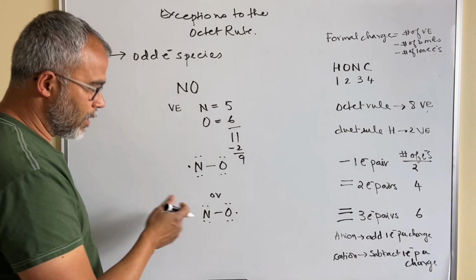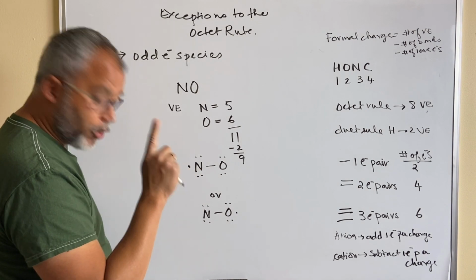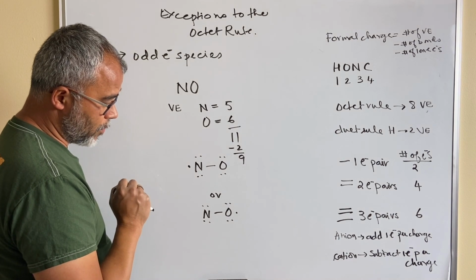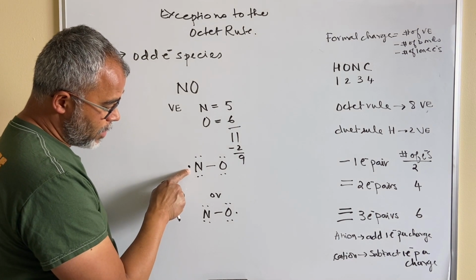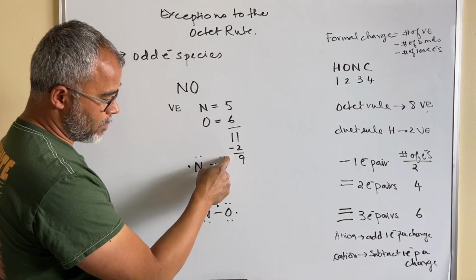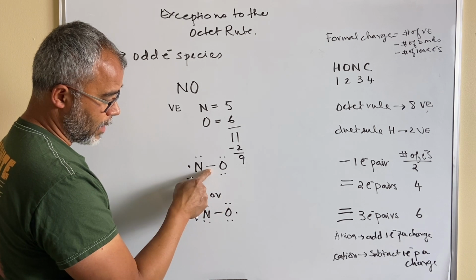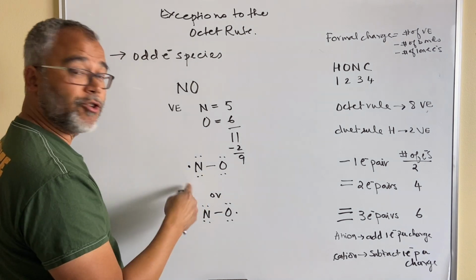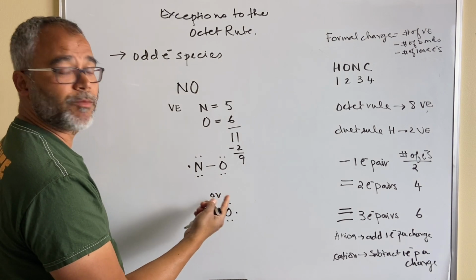Before you close the situation on this, a couple of things to keep in mind. This nitrogen has 2, 4, 6, 7 around it, and this oxygen has 2, 4, 6. So none of them have a complete octet. You have to see if you can get at least one of them to have a complete octet.